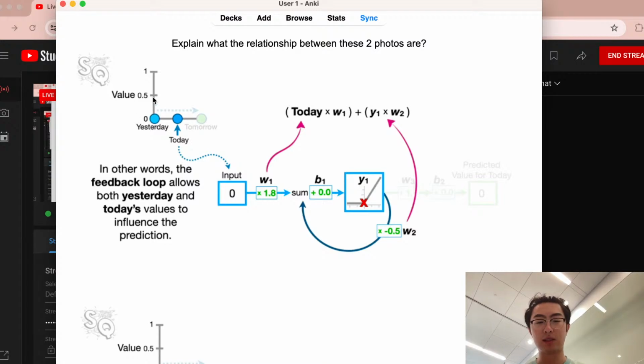In this case, it's yesterday's stock price affecting today's stock price, and then you pass that into an activation function. So you would then either make a prediction, and you also feed back your activation into the next step or the next recurrence in your network.